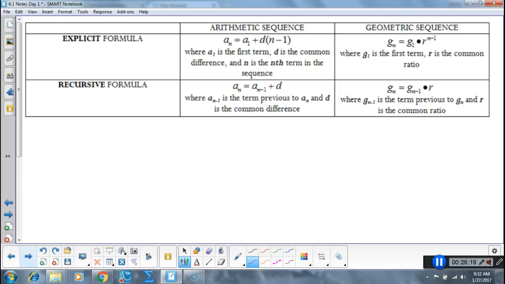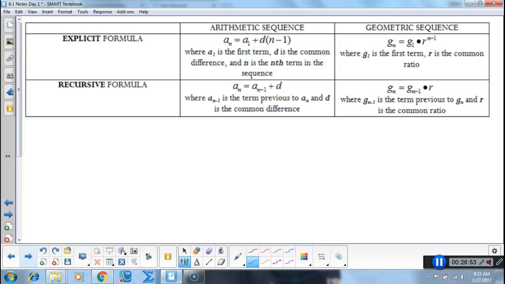The explicit formula you can use to get any term of the sequence that you want, which is why we're focusing on it.